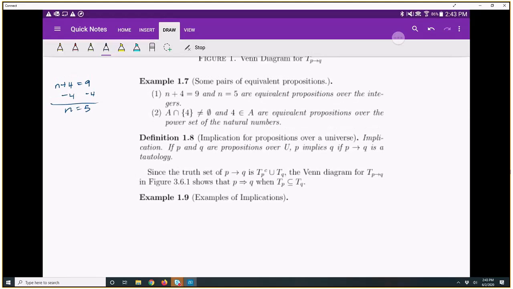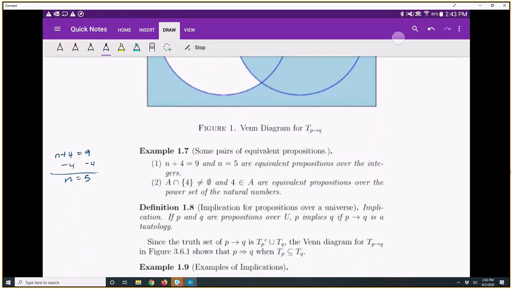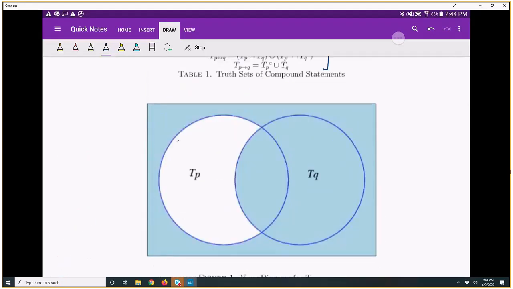And then implication, we know that if P implies Q is a tautology, then we use the double arrow for P implies Q. So since the truth set of P implies Q is what we saw above, it's the complement of the truth set of P union the truth set of Q, then this will clearly show that in a tautology everything would be shaded.